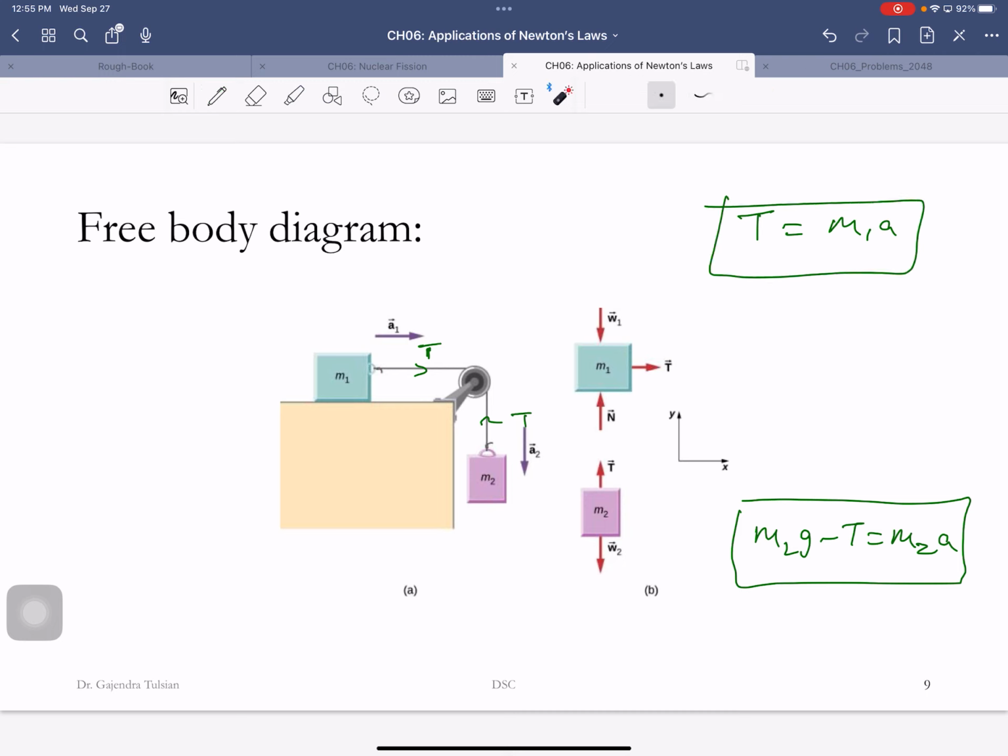Now if you knew the two masses, m1 and m2, you could solve for the tension in the string and the acceleration of the objects, since you have two equations and two unknowns. Do you guys understand this?